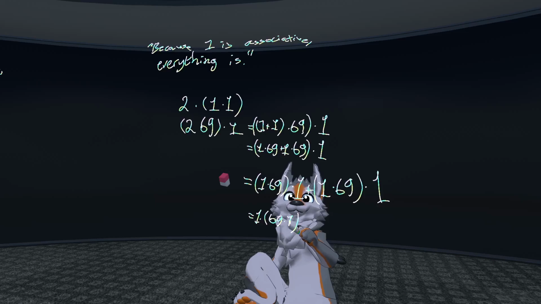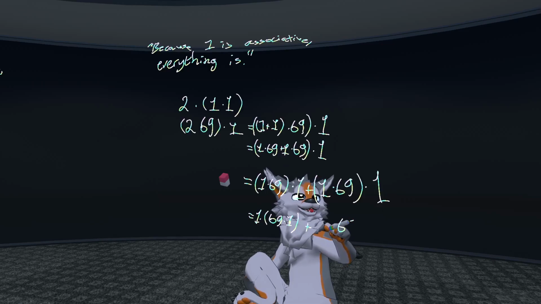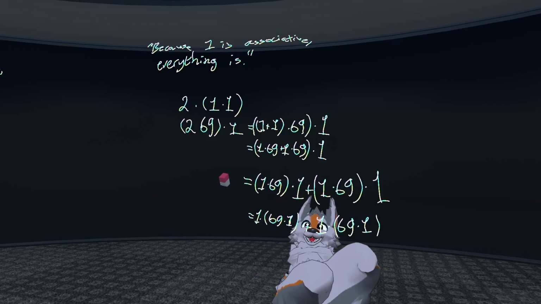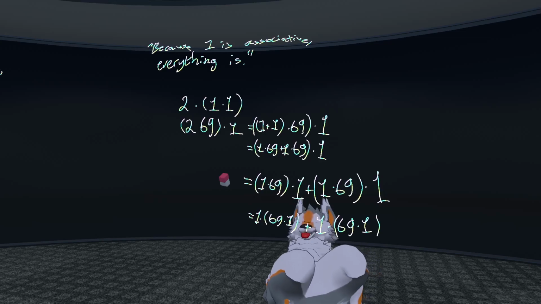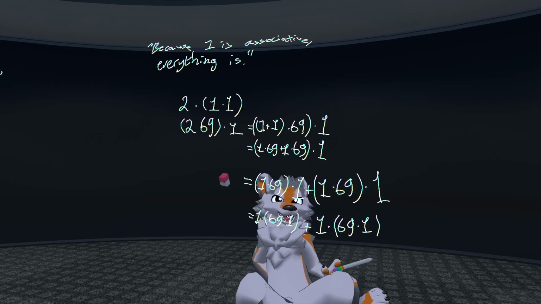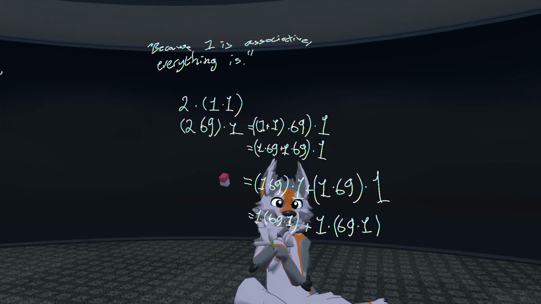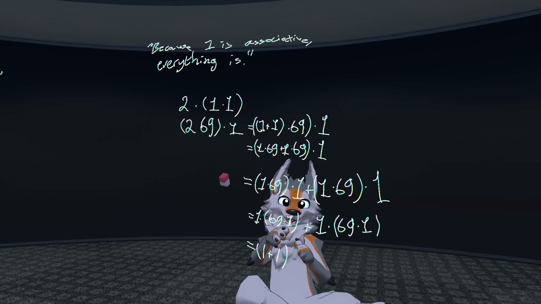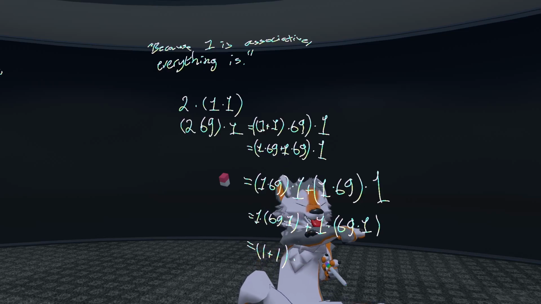And then take the same thing here, 69 times 1 times 69 from the left. Great. Amazing. Now we can use right distributivity again to conclude that, so 1 plus 1, and we're going to modify both of those from the right by the 69 times 1.